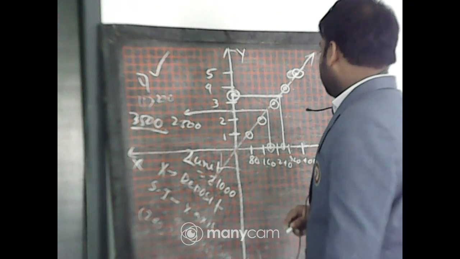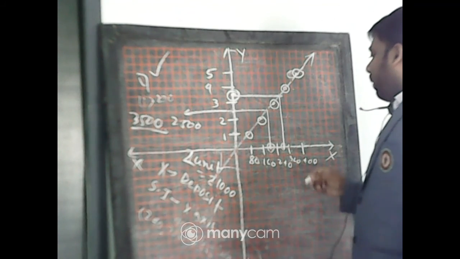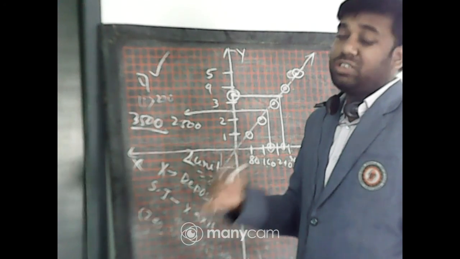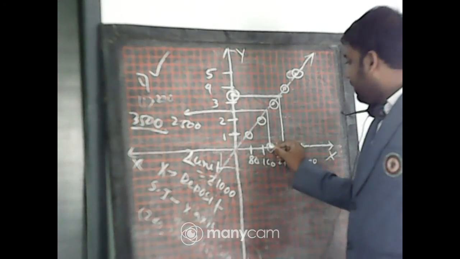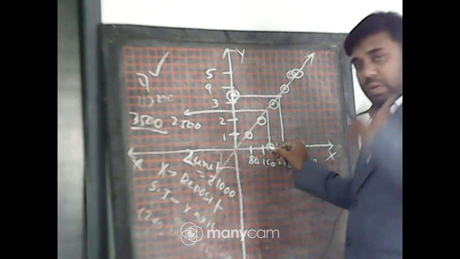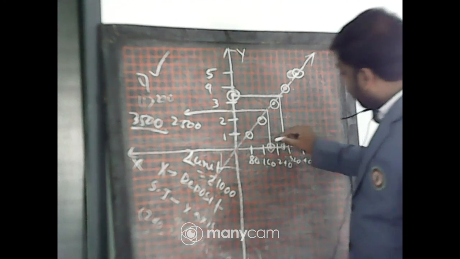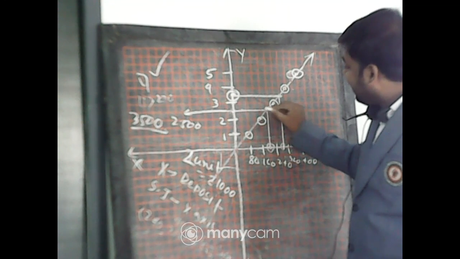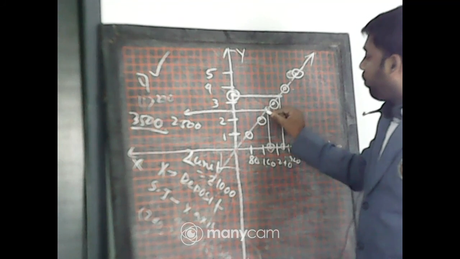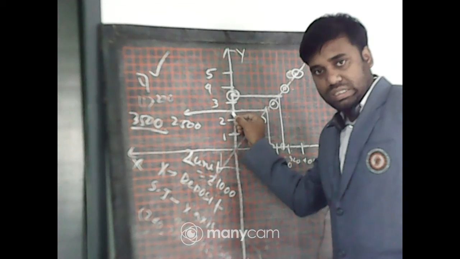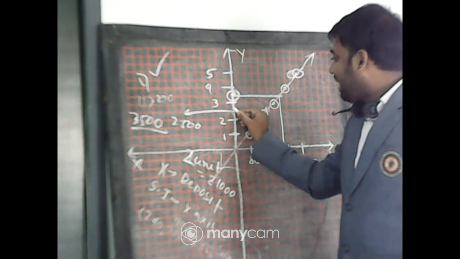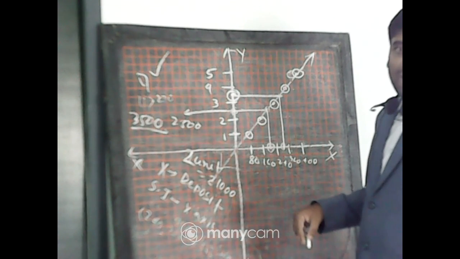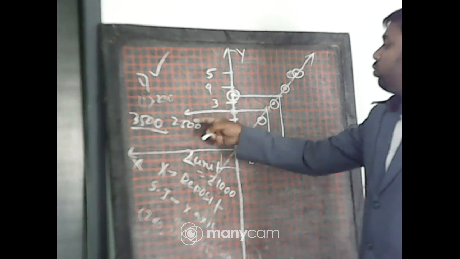Next question is, when the simple interest is 200, what will be the deposited money? So 200 is here. Draw a perpendicular on that line. From the point where it intersects the line, draw a perpendicular to the y-axis. At the y-axis it intersects between 2000 and 3000, in the middle portion, obviously it will be 2500.